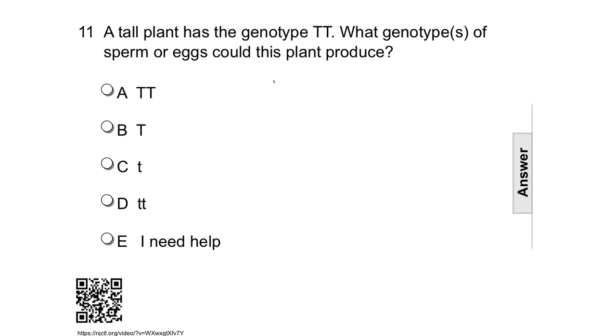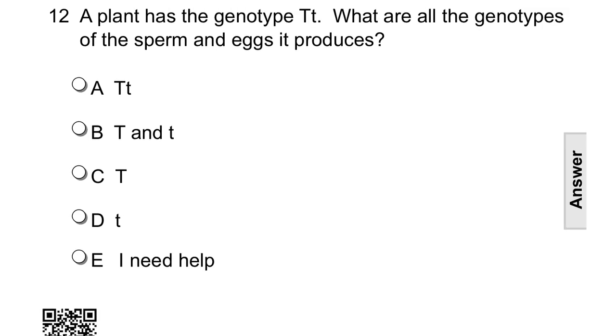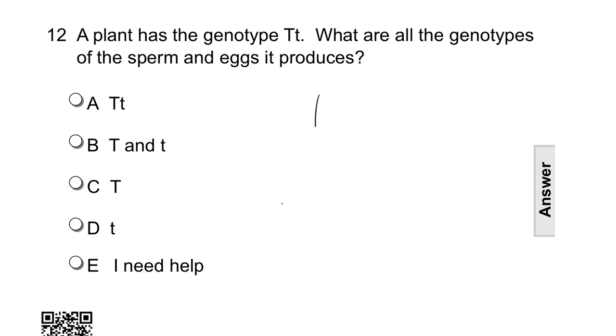Okay, the tall plant has a genotype big T, big T. The only genotype of the egg or sperm could be big T. So remember, meiosis separates the two alleles, and because you're homozygous, the only allele you have for this tallness gene is big T. So egg or sperm has to have big T. Okay, how about the same question?